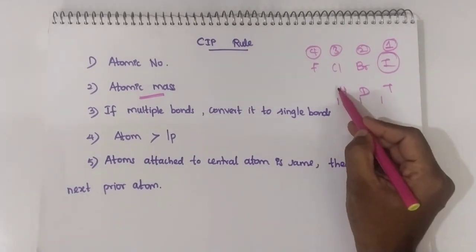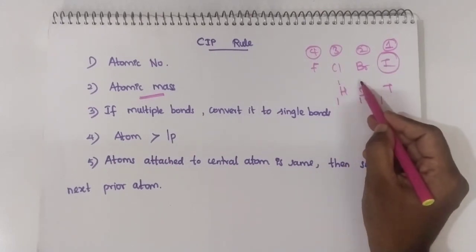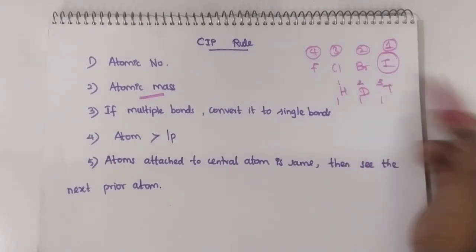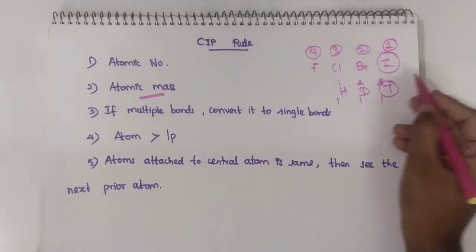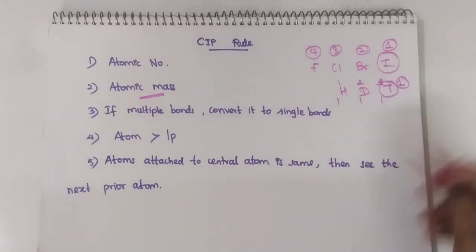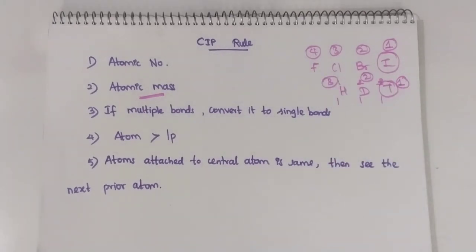Hydrogen has a mass number of 1, deuterium is 2 and tritium is 3. Hence, the one with the highest atomic mass is tritium, so it should be given the first priority. It is first, this is second and this is third.